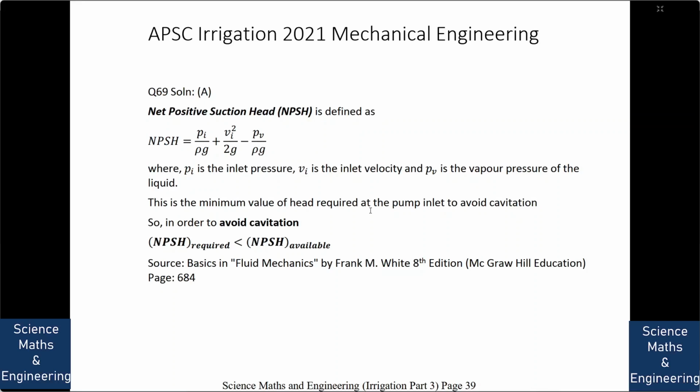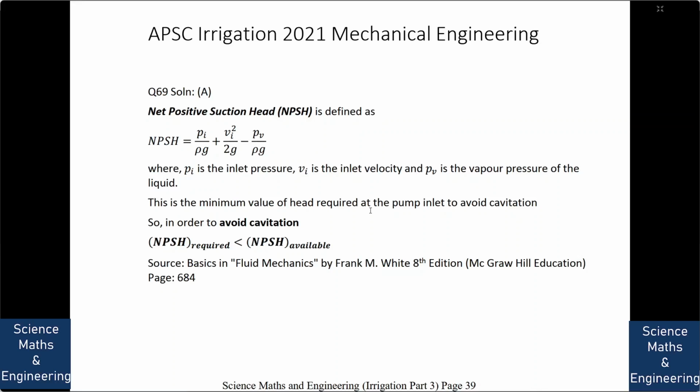So NPSH means net positive suction head. It is defined as NPSH equal to Pi divided by rho g plus Vi square divided by 2g minus PV divided by rho g. Here Pi is the inlet pressure, Vi is the inlet velocity, and PV is the vapor pressure of the liquid.